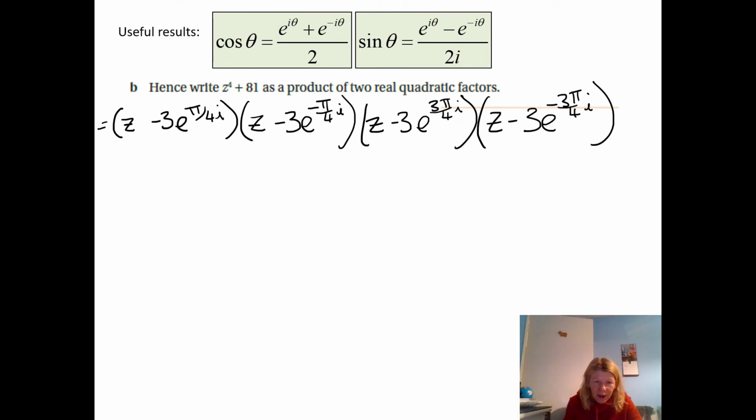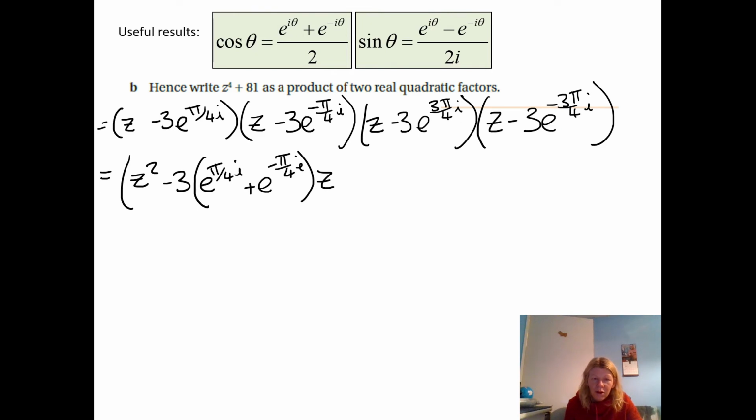Right. Multiplying these together in the pairs, we get z squared minus 3. Now these are z's, aren't they? So it's going to be that. And then we're going to have that added on, aren't we? So we end up with, trying to do that as one step, e to the pi by 4i plus e to the minus pi by 4i, z.